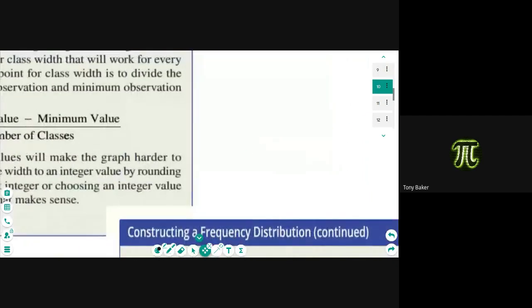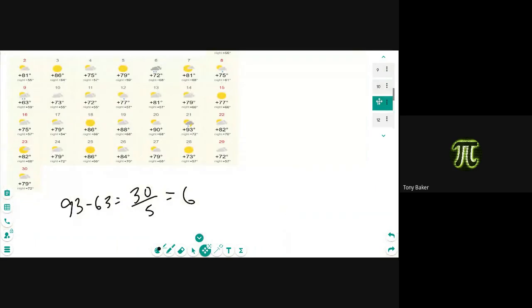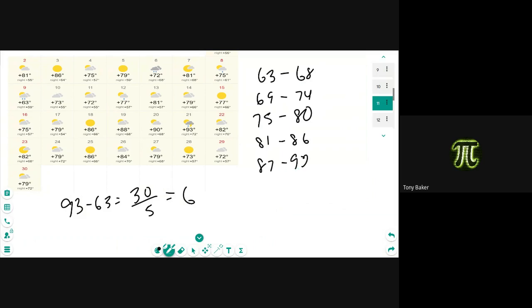But how did you figure that out? Here's what happens. If you did 6, you get 63 to 68, 69 to 74, 75 to 80, 81 to 86, and 87 to 92.